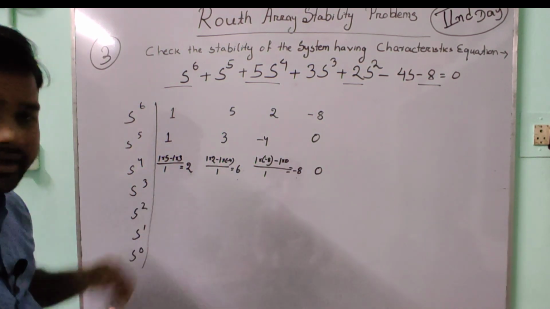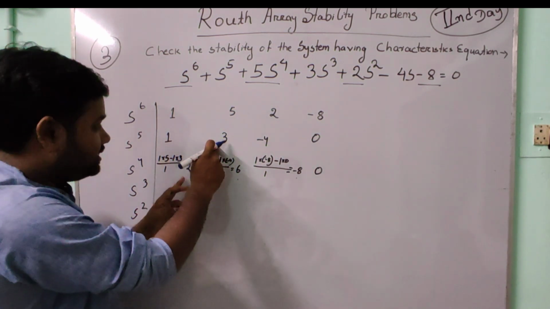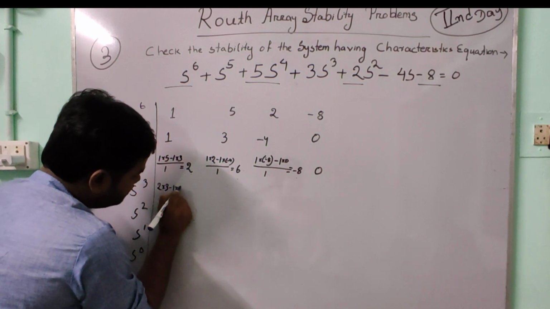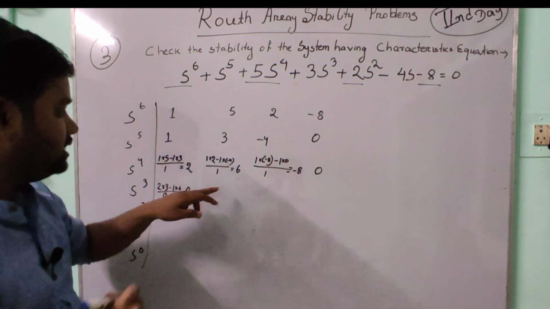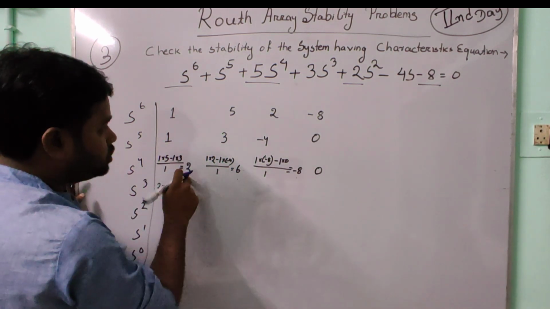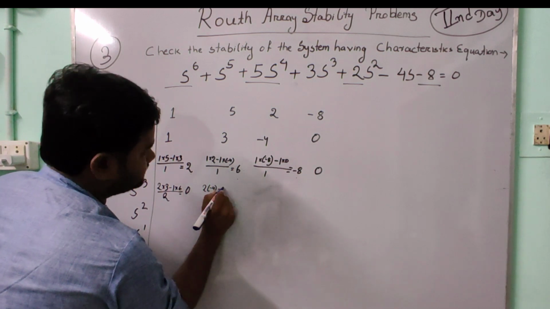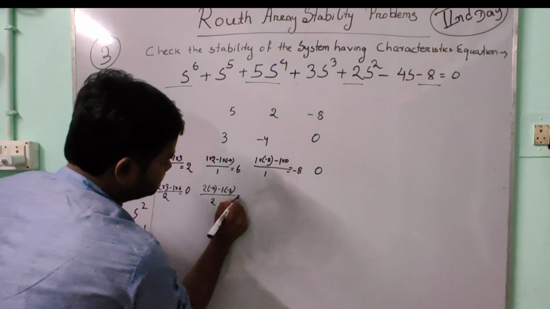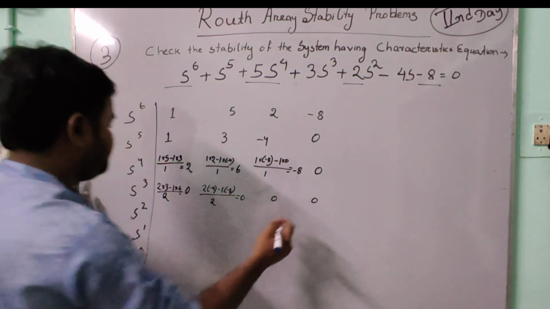Next, in s^3, the value will be (2 into 3 minus 1 into 6) divided by 2, which is equal to 0. The next value will be (2 into -4 minus 1 into -8) divided by 2, which is equal to 0, and the last value is 0.